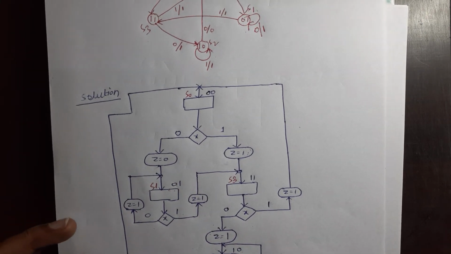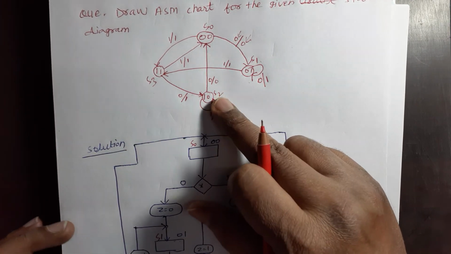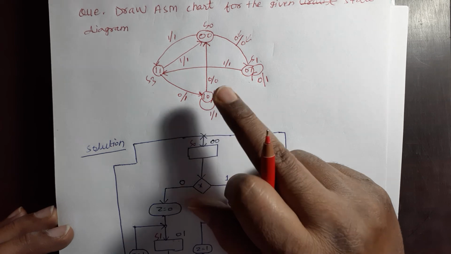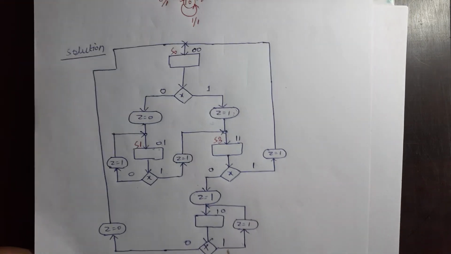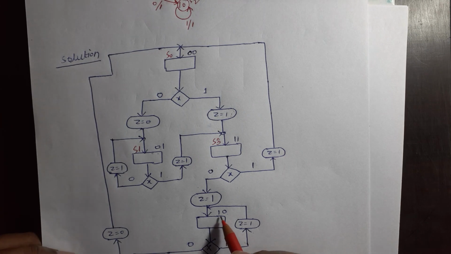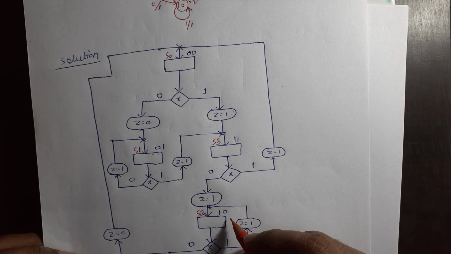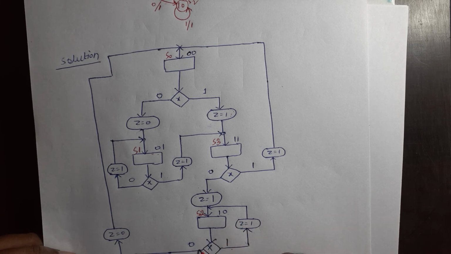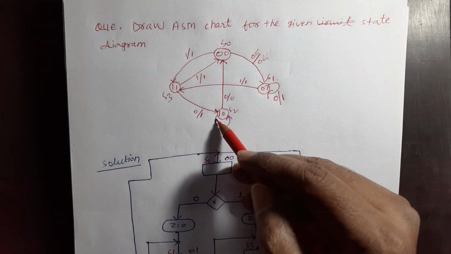Okay. Now next is when the machine is at S2. When the machine is at S2, again the machine will check whether x is 1 or x is 0. So when the machine is at 10, suppose this is S2, again the machine will check x equal to 0 or x equal to 1. So if x equal to 1, then the machine stays at the same state.